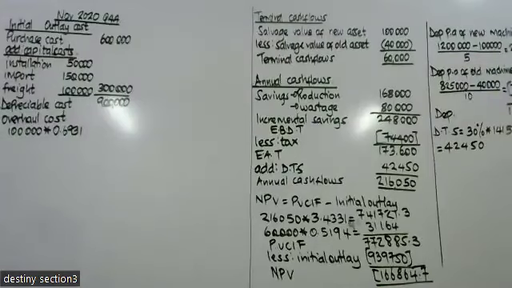That is why you are discounting, using the factor for a non-annuity, a single amount. I hope you have understood why you discounted that: because it is incurred in the third year and not at the beginning of the first year. In case the overhaul is incurred in the first year, there is no discount. But in most cases, the overhaul cost will be incurred after you have used an asset for some number of years. So remember to discount.